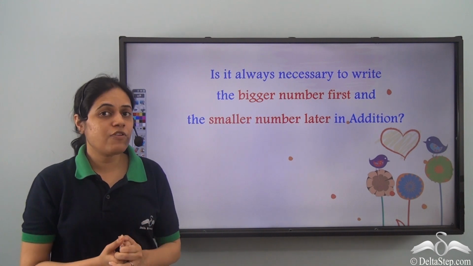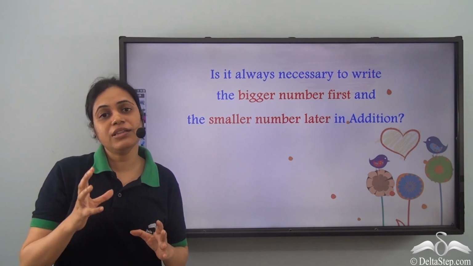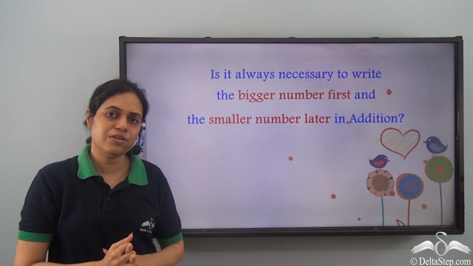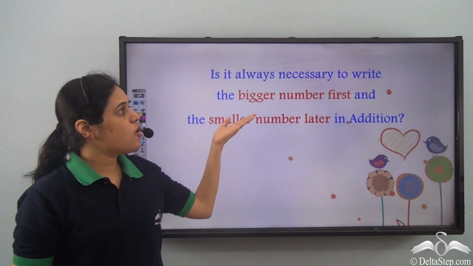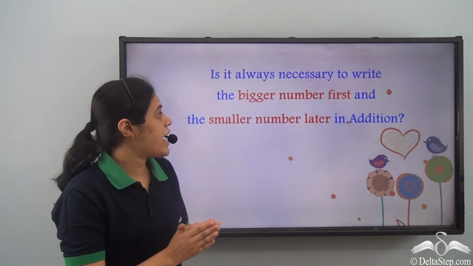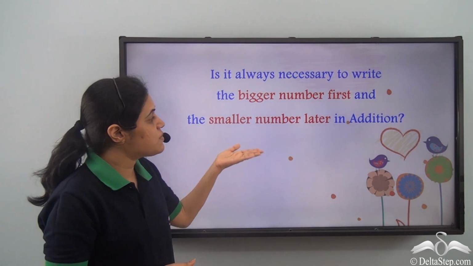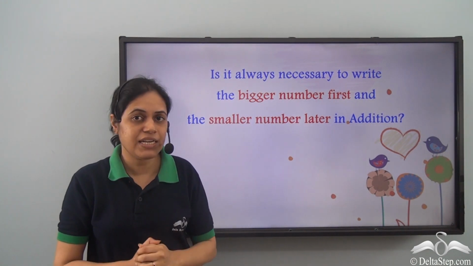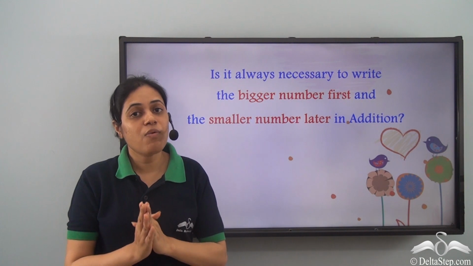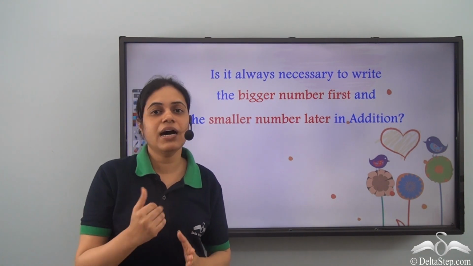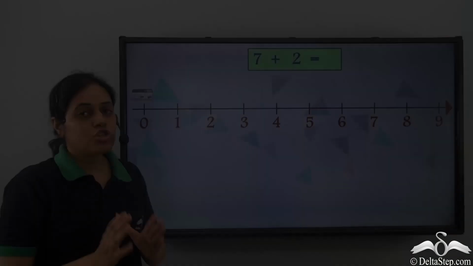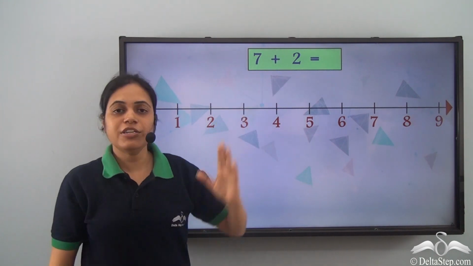Now you must have observed that I have always written the bigger number first in addition. But is it always necessary to write the bigger number first and the smaller number later while adding? Let us see what happens if we do it the other way around. So I need to add 7 and 2.